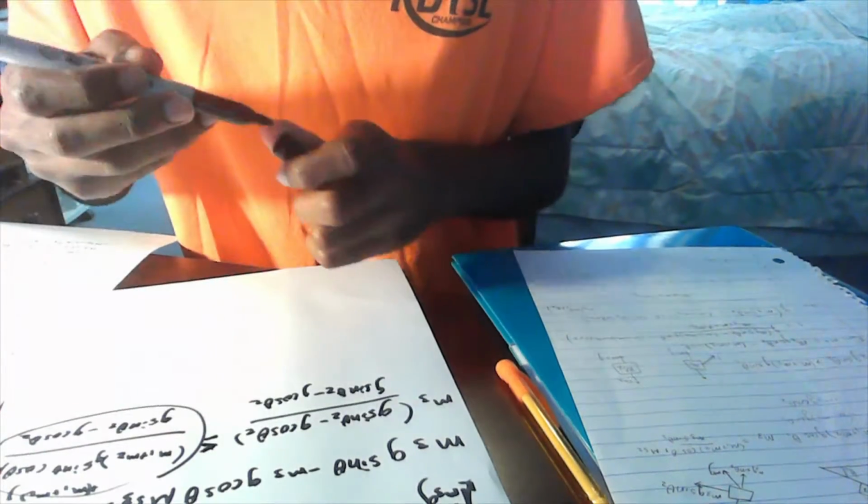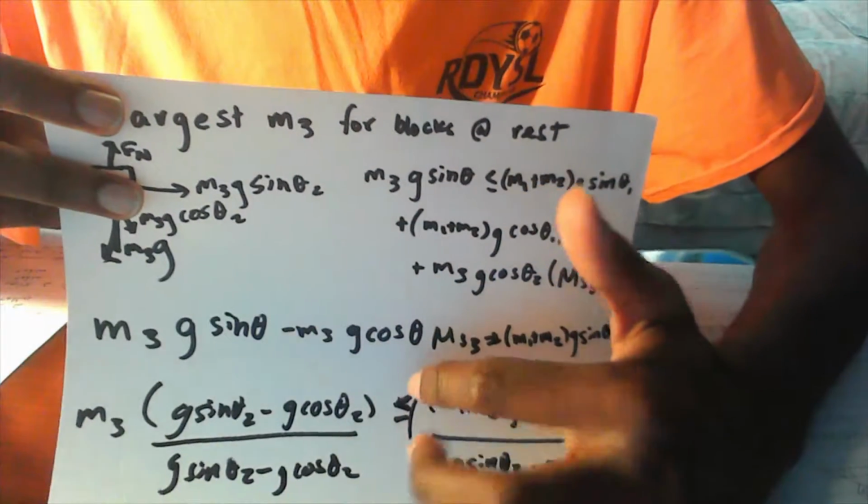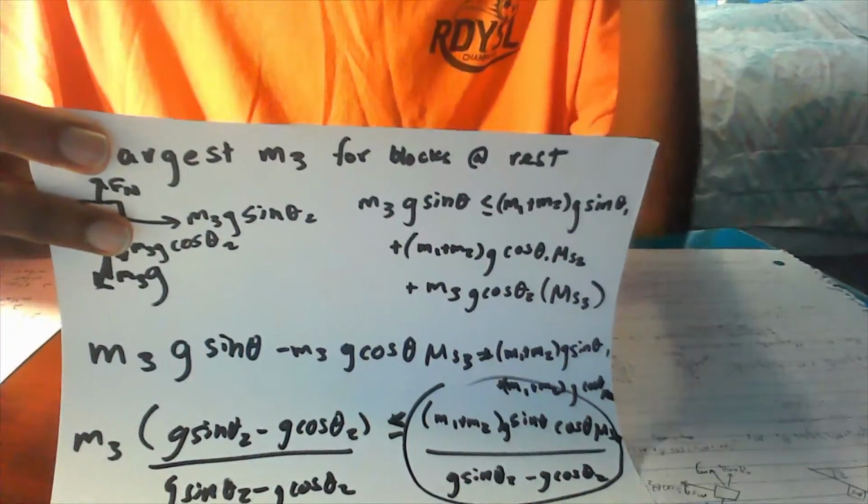M3 has to be less than that for there to be no motion, because that is the forces of friction and the gravity acting in the opposite way.